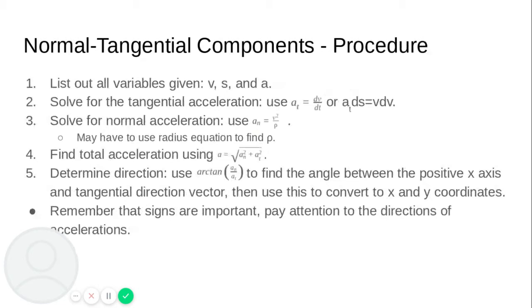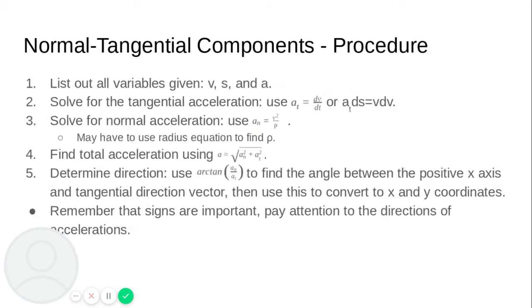Sometimes the question only asks for one type of acceleration. It's not like you need tangential acceleration in any way to find normal acceleration. Then to find the total acceleration, we can just use that equation: squaring the normal acceleration and the tangential acceleration, adding them, and then square rooting it. Then, if we're asked, we can determine the direction.